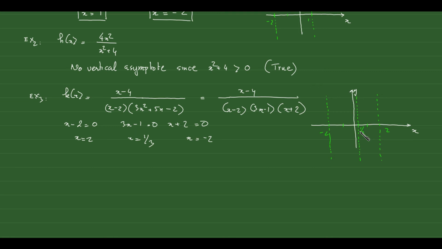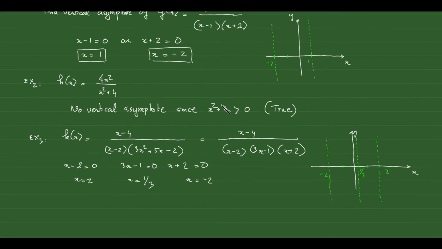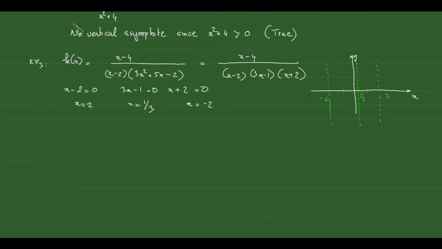How about horizontal asymptotes? So on number 2, horizontal asymptote. What is a horizontal asymptote?